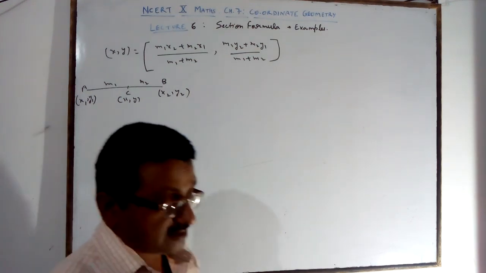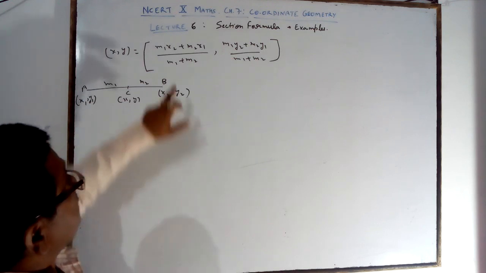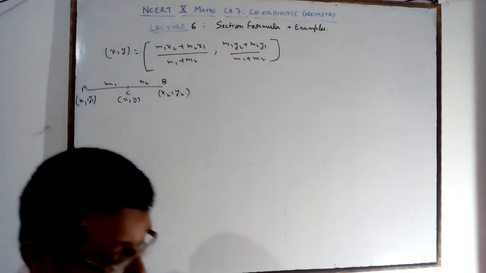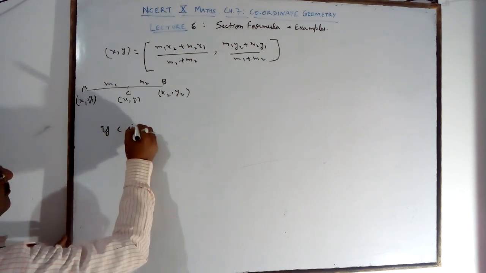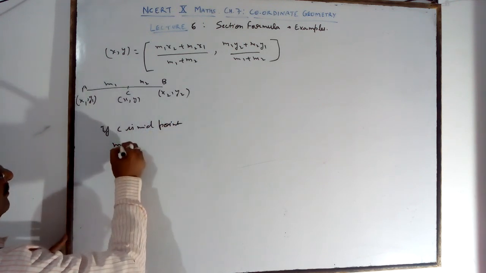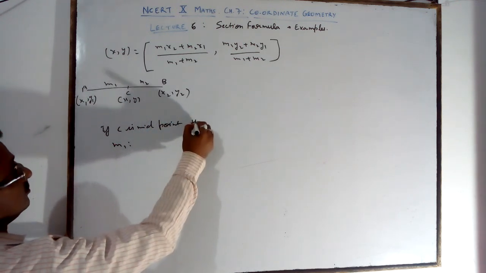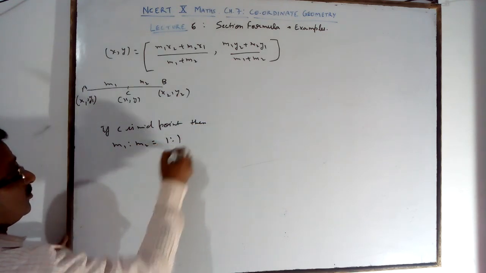Now see example 6 of the textbook. If C is the midpoint, then m1 ratio m2 is equal to 1 ratio 1.